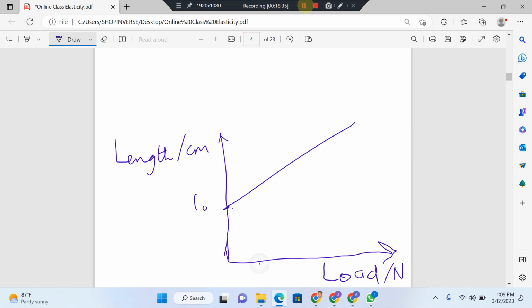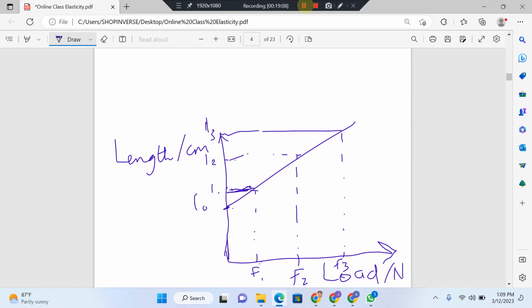Okay, then it will start going up. Your force F1 will correspond to the length L1. Also, your force F2 will correspond to the length L2. Your force F3 will correspond to the length L3.